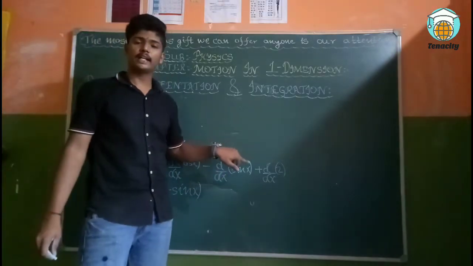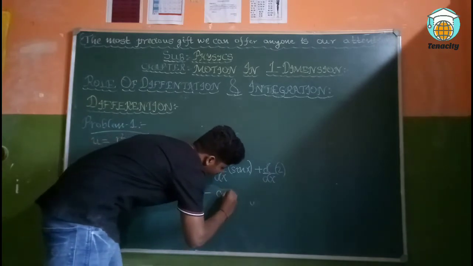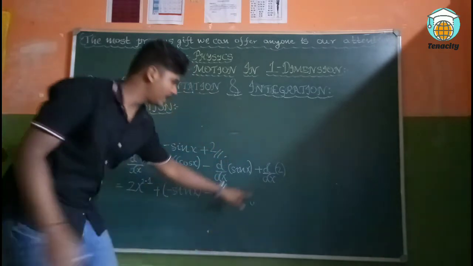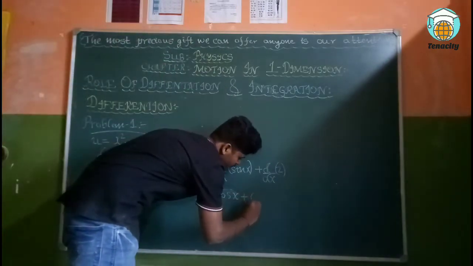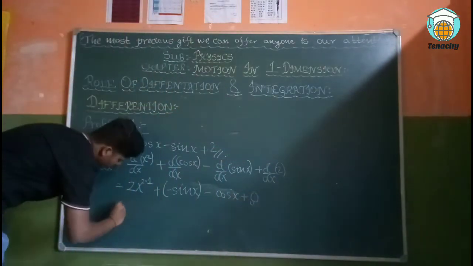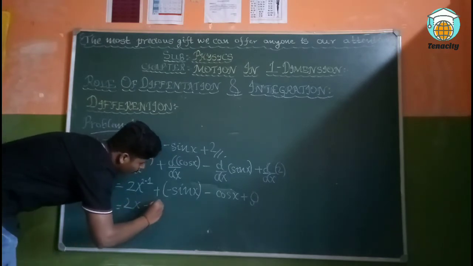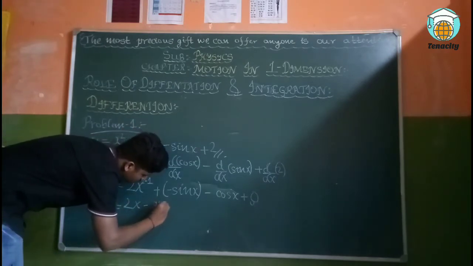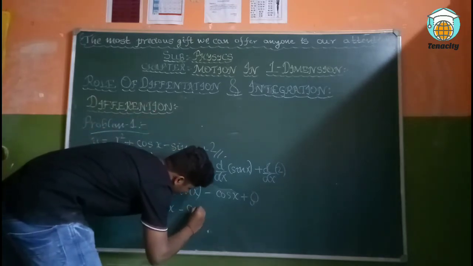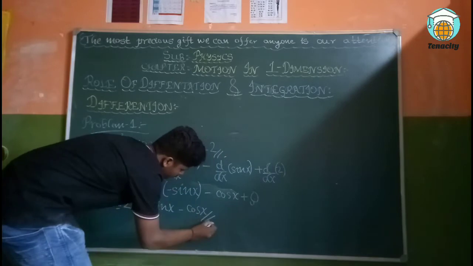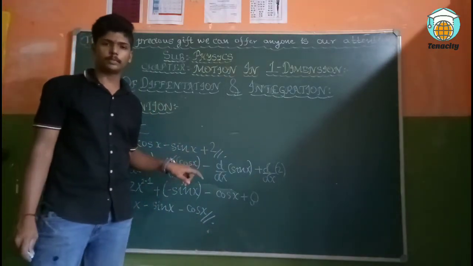And minus of d by dx of sin x is cos x, so minus cos x, and d by dx of a constant is 0. So the final answer is 2x minus sin x minus cos x. This is how you do differentiation problems.